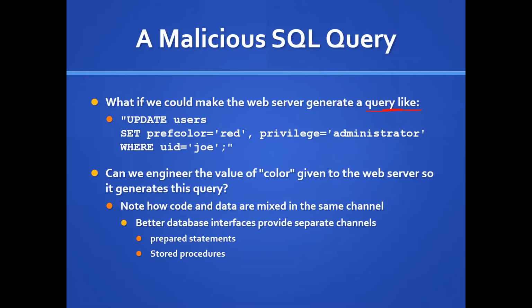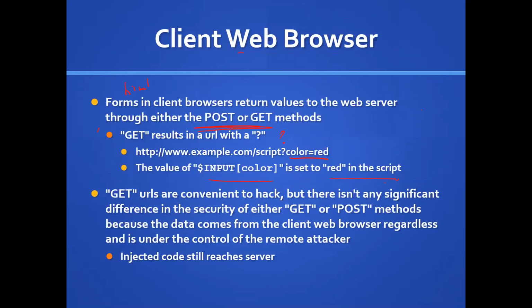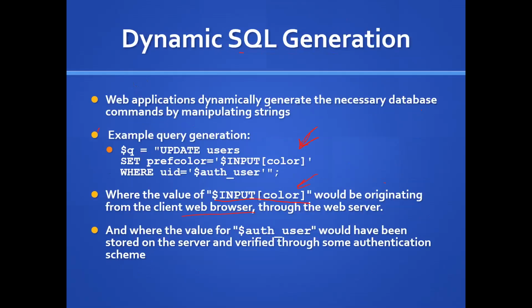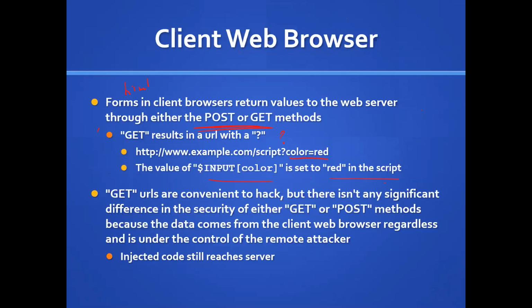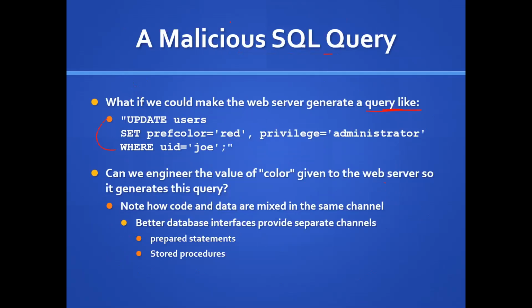What are we doing that could be bad in this one? Look at this one here. Now, what if we could make the web server generate a query like this? What's the problem with this one? What do you guys think?